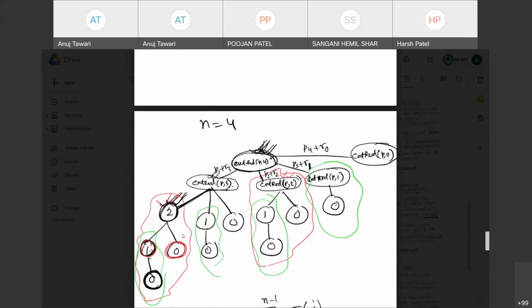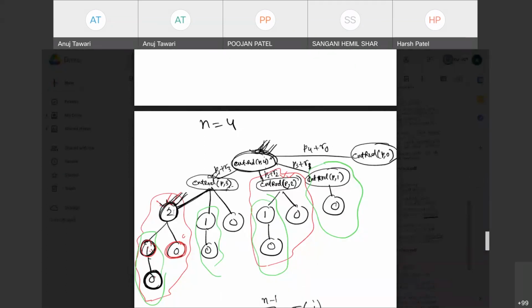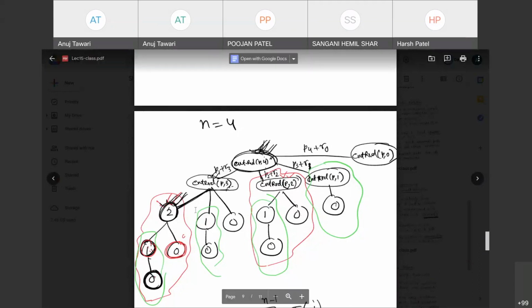We decided to make a cut after length 1 and the total will be p1 plus R3, p2 plus R2, p3 plus R1 and p4 plus R0. So we divided into various subproblems. And when we call cut rod(p, 3), it again divides into cut rod(p, 2) and so on. This will again get divided into cut rod(p, 1), cut rod(p, 0), and so on.